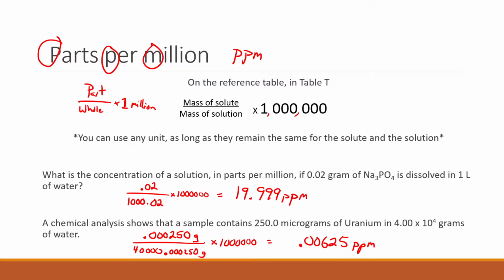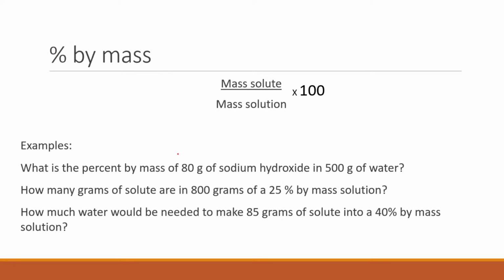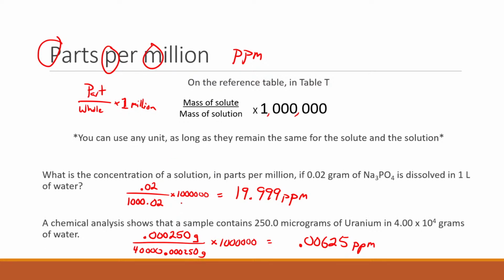The last concentration calculation that we're going to look at is percent by mass. Right? You have to add, okay, let's go back one more time. You have to add the 0.02 because water is not a solution. Right? Solution is solute plus a solvent. And so if you're looking at these questions, it gives you your solute and it gives you water. Water is not the solution.